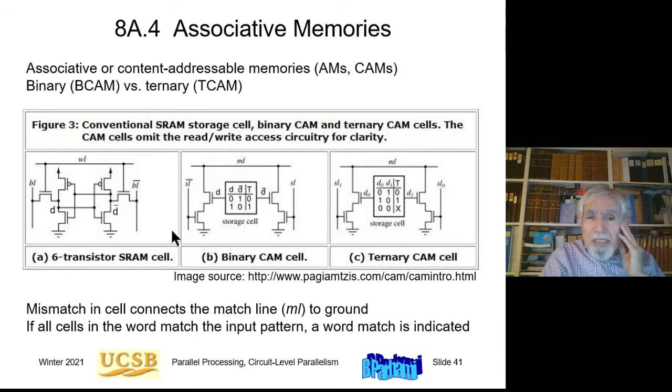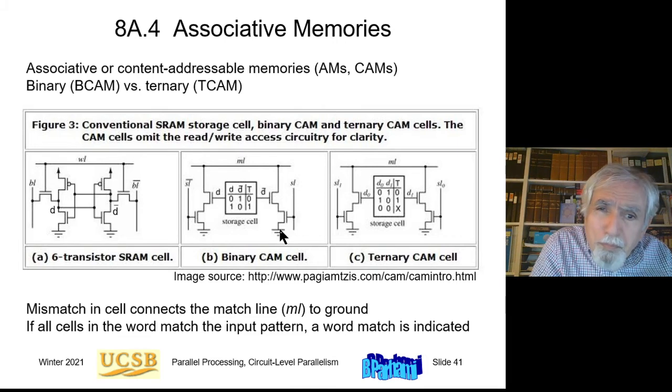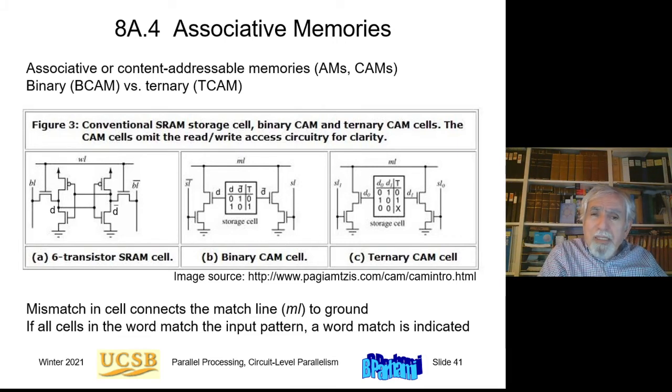Okay, I can easily convert this to an associative memory by taking the storage cell, and instead of putting these 2 transistors here, put these 4 transistors. And this allows me to search for a particular content within the cells. Okay, so I may be searching, it's a query.